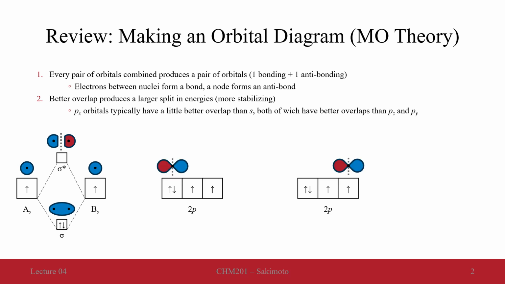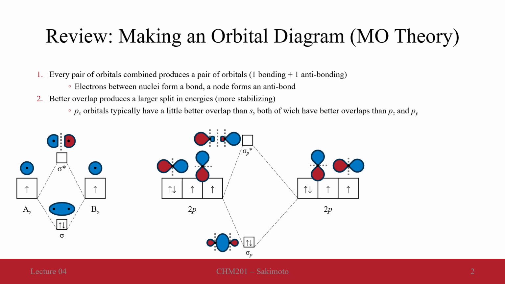If we were to take our p orbitals, in this case, for example, because there's a nice lobe of the p orbital poking out to the left and right, we would expect a stronger interaction, more overlap, just because physically these orbitals poke out more along that bond direction. This stronger interaction, more overlap, means our bonding orbital is stabilized, lower in energy, more favorable. And of course, by inference, our anti-bonding one, which features this node, this break, is less favorable, higher in energy.